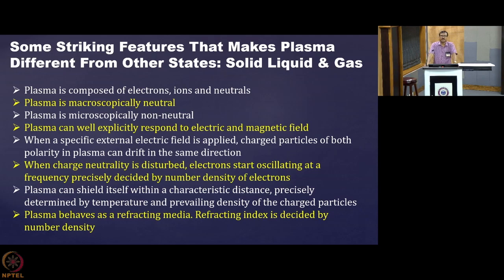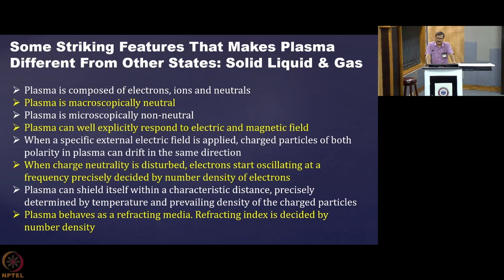Now some of the striking features, as you know, we started with telling that plasma is the fourth state of matter. Now why is this the fourth state, why doesn't it belong to solid, liquid and gas, why do we need to call it a different state altogether? Several things make it distinguishable from the other three forms of matter, that is solid, liquid and gas.